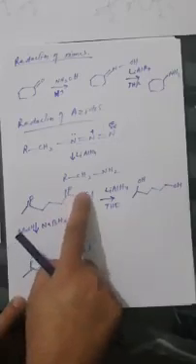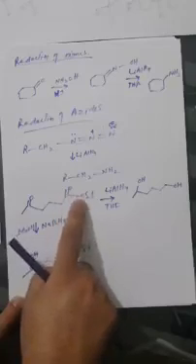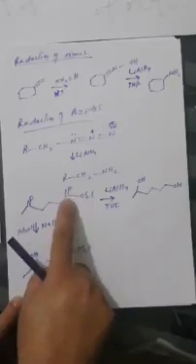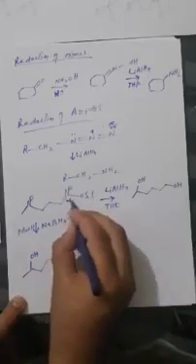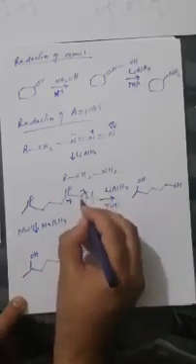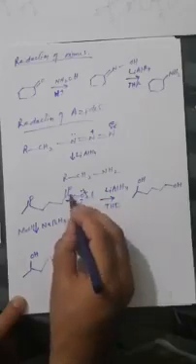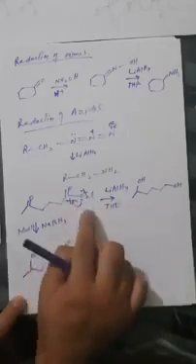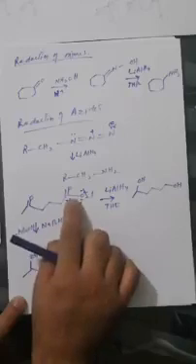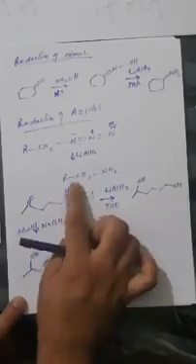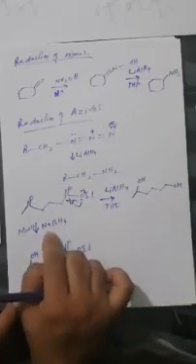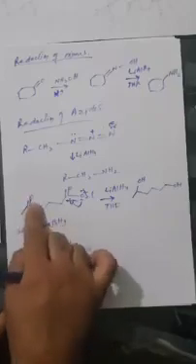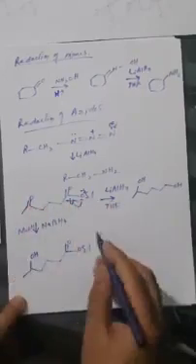Because the oxygen attached to this carbonyl group actually reduces the electrophilicity of this carbon by donating a pair of electrons. So that's why this group is not as reactive, not as electron deficient as compared to ketone. So sodium borohydride, which is a mild reducing agent, could only reduce this keto group, not the ester.